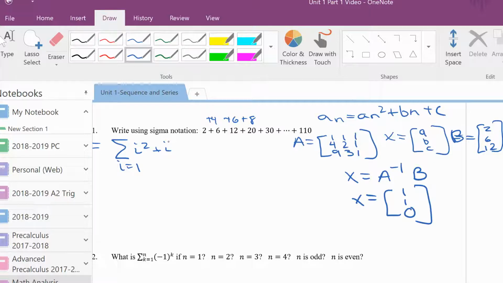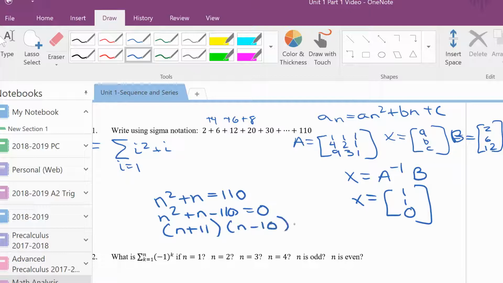Now, as far as what term number 110 is, well, if I say n squared plus n equals 110, and I solve, so I move the 110 over, and I factor, so the factors of negative 110 that add to 1 are 11 and negative 10.